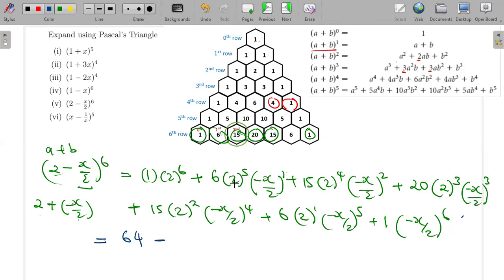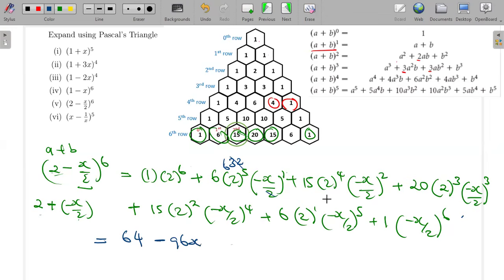And then you have 2 to the power 5. 2 to the power 5 is just 32, and 32 divided by 2 gives us 16, and then you have 16 multiplied by 6, which is 96. So you get 96 there, and then you have your x there.